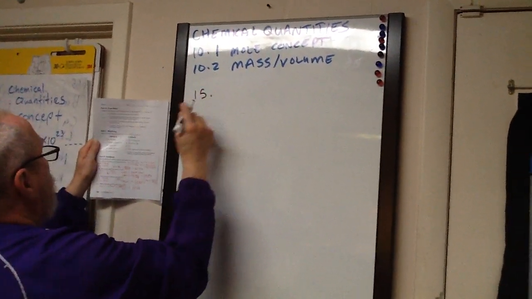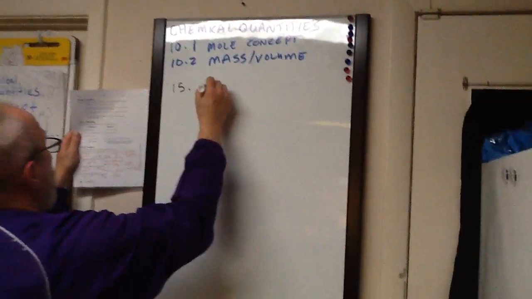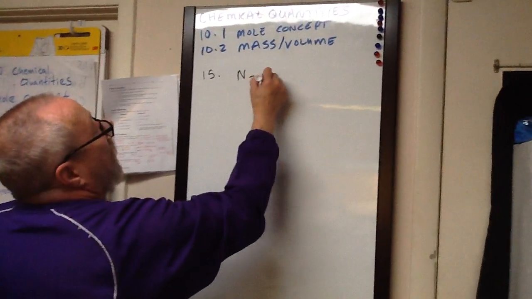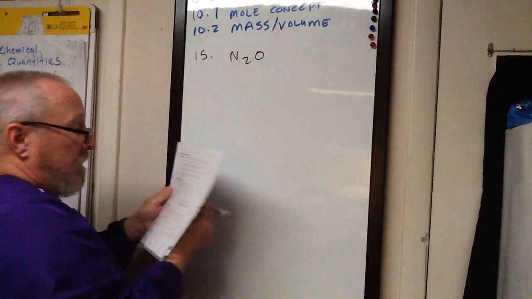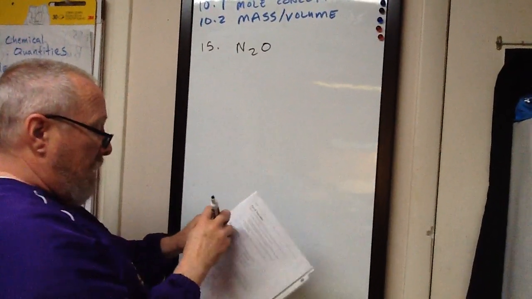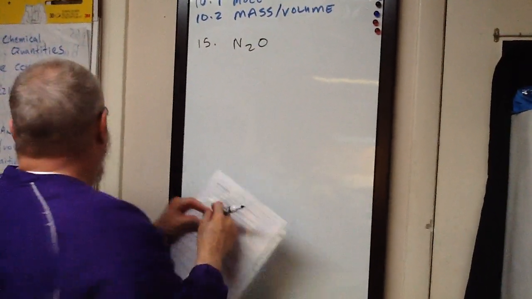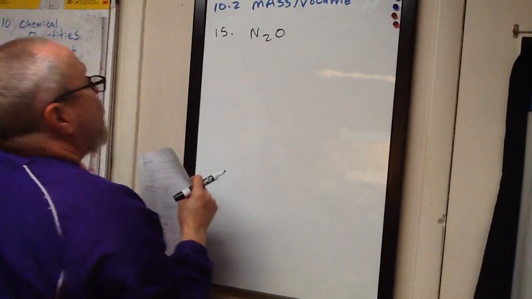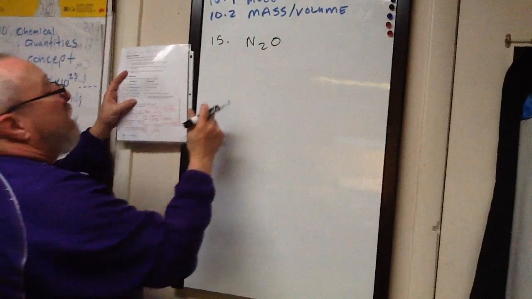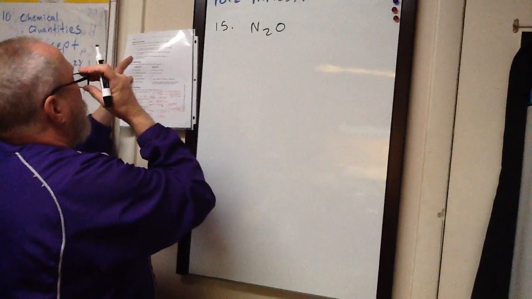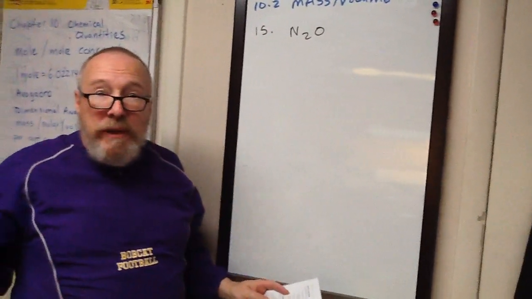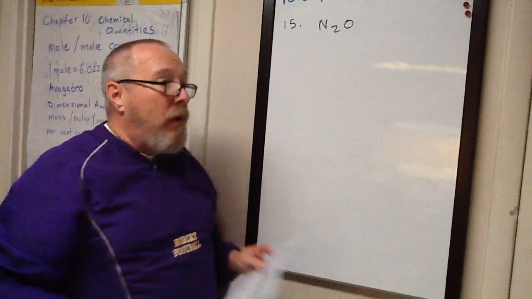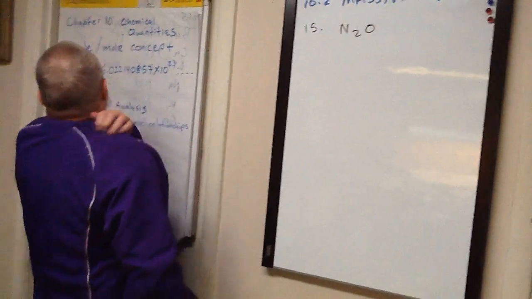Question 15 asks, what's the density of N2O, dinitrogen monoxide, a fairly common gas that you know as nitrous oxide from the dentist's office? It says, what's the density? And it didn't give you any values. But here's the deal.